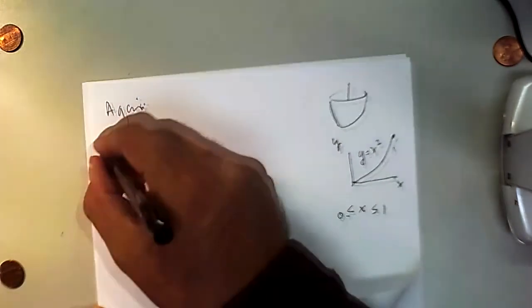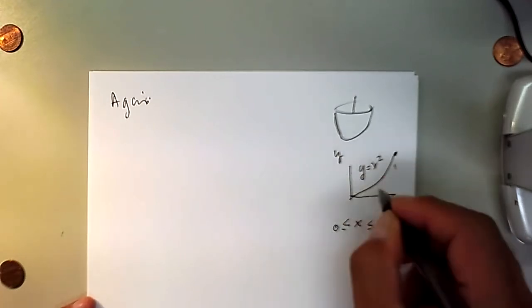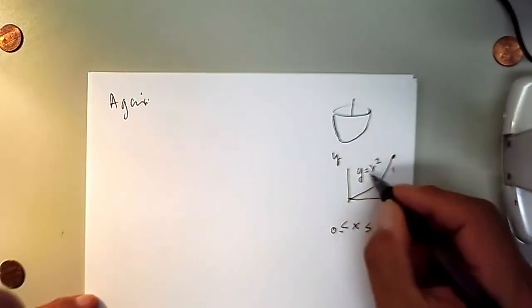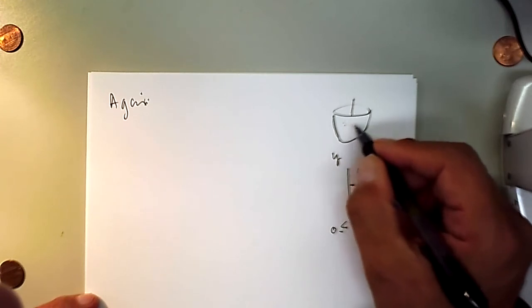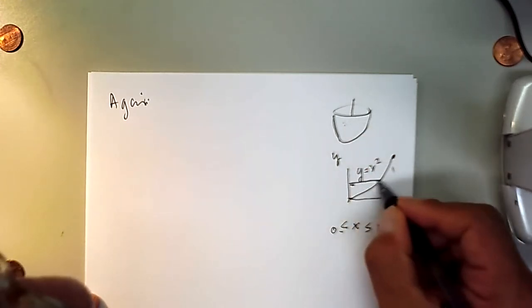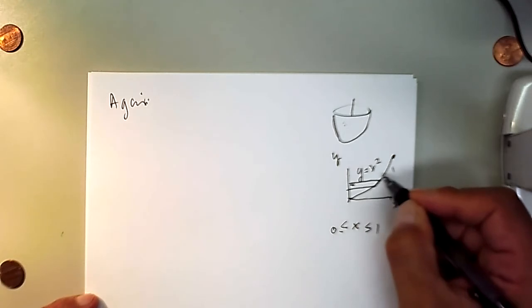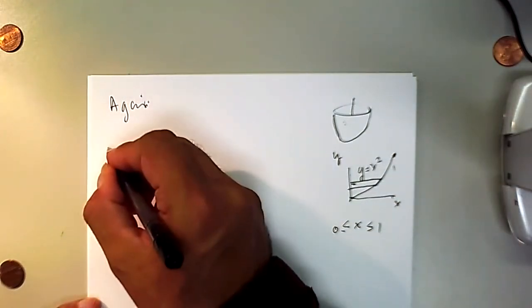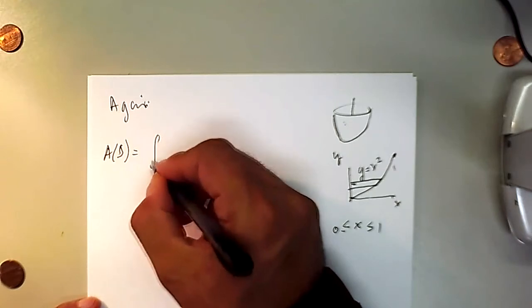So using calculus 2, we're going to figure out the area of this surface. This surface happens to be a surface of revolution, so we can split this into bits that are revolved. So the area of the surface is going to be the single integral.